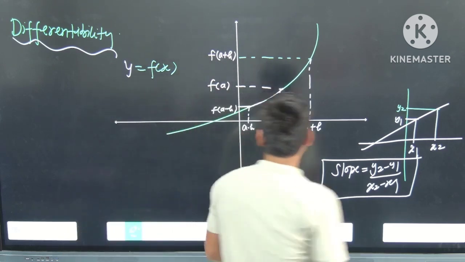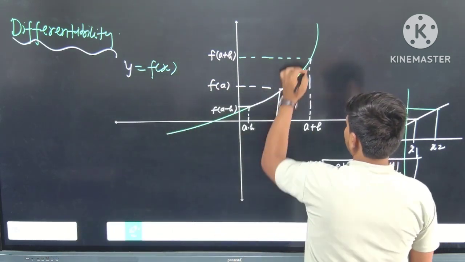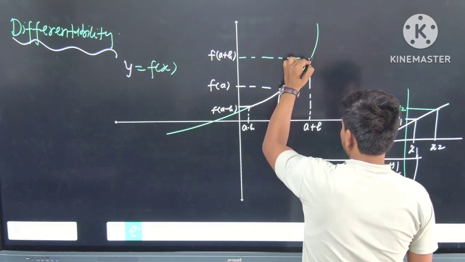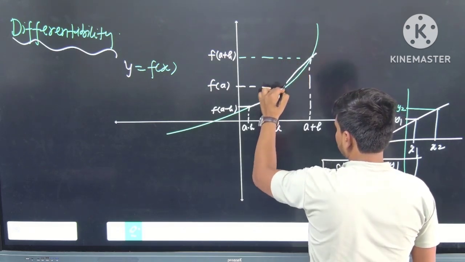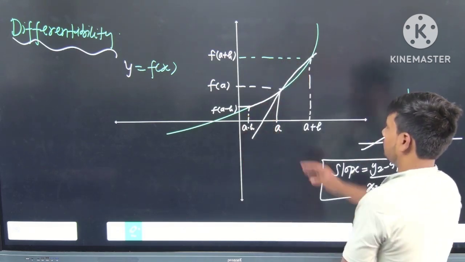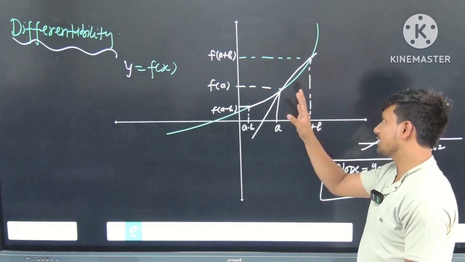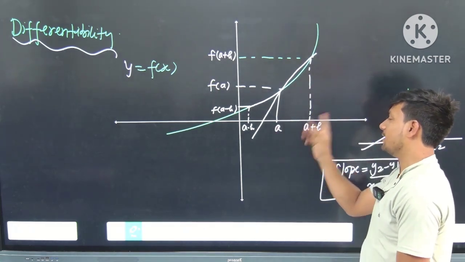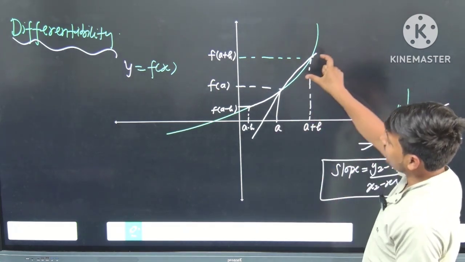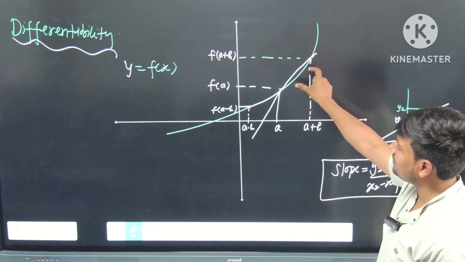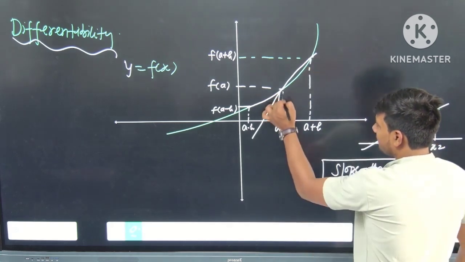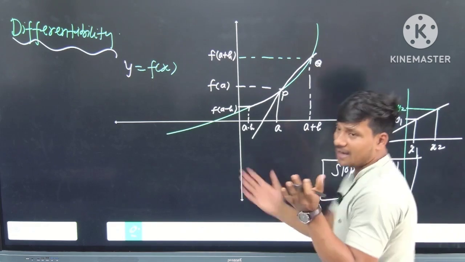Suppose this is a line. This line cuts the graph at two points, at a and a plus h. This line becomes a tangent when these points P and Q overlap, that is, come close to each other.